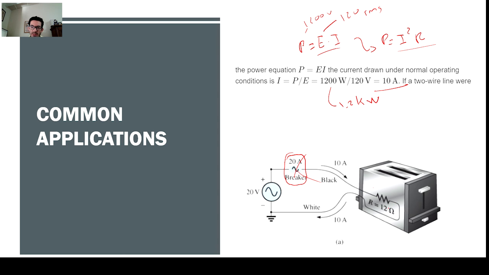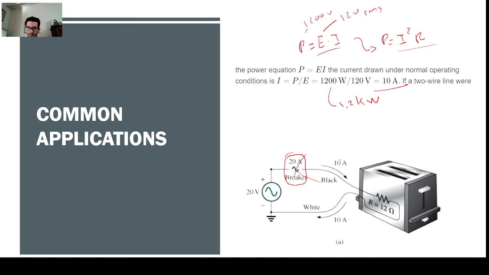Notice that this is telling you that it's 12 ohms. So we can also do 10 squared times 12, 1200.